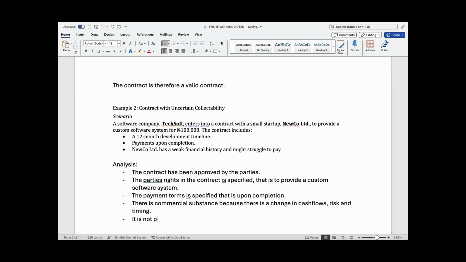And it is not probable that TechSoft will collect its consideration because Newco Limited has a weak financial history and might struggle to pay.